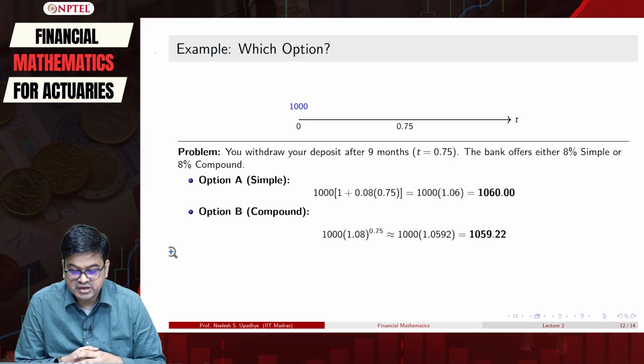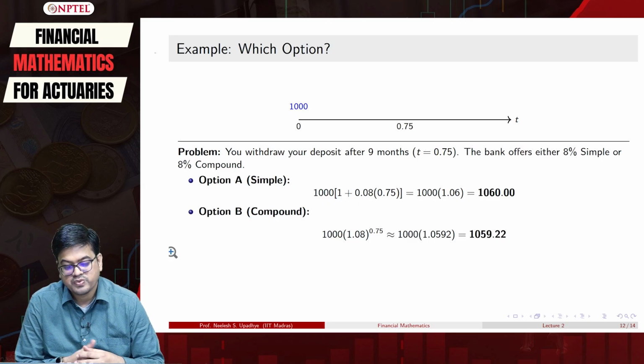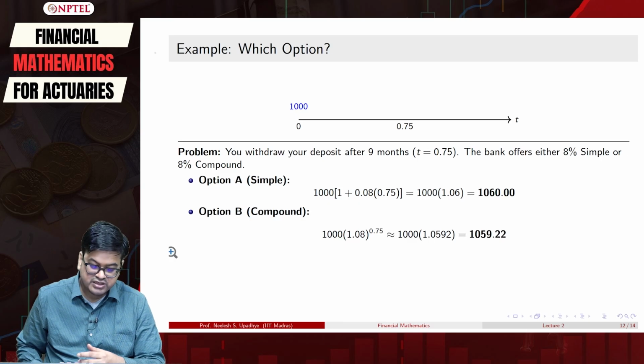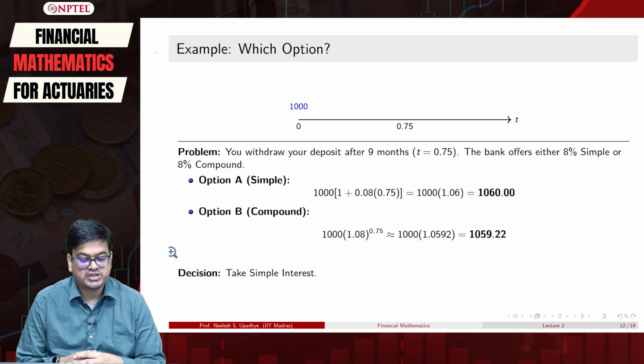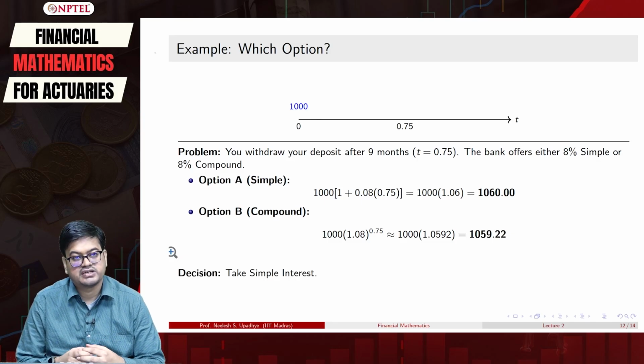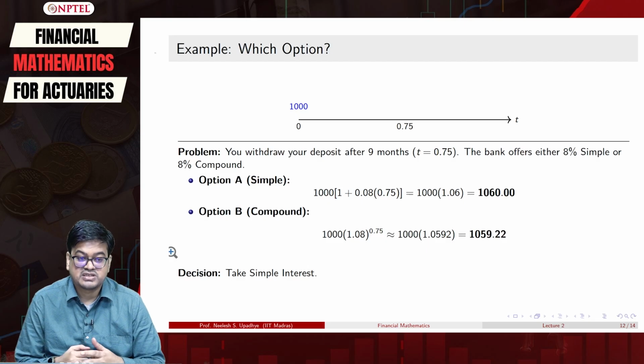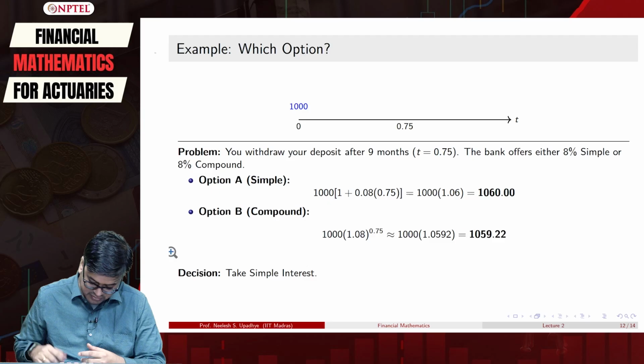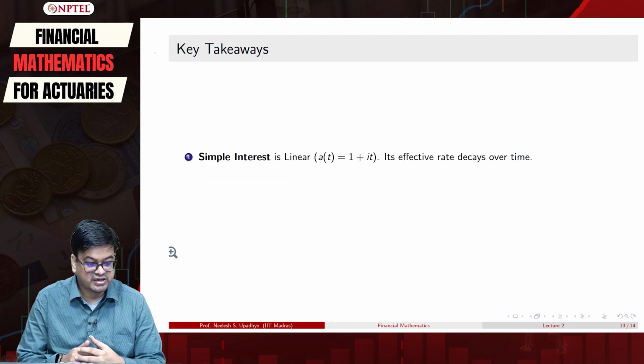Option B, the compound one, will pay me 1059.22. So I will definitely choose option A, which is the simple interest model. So the simple interest model is not a useless model. If you want to invest for shorter periods, choose simple interest. If you want to invest for longer periods, choose compound interest. That's the verdict that we have given.